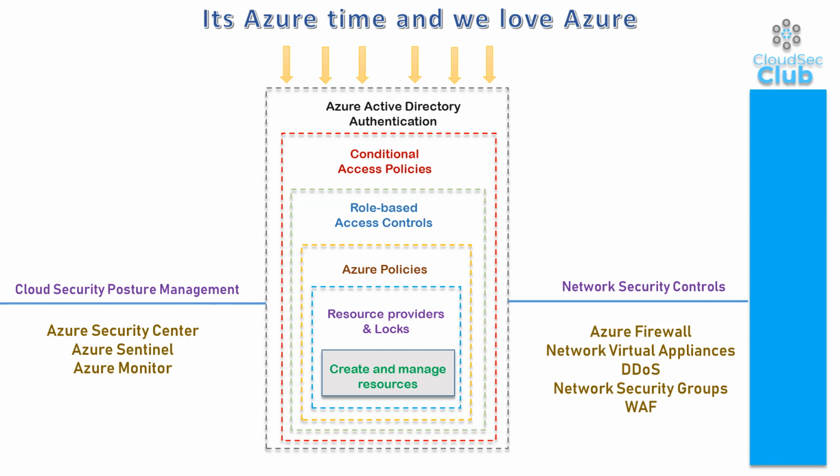Conditional access policies are basically the zero trust solution from Microsoft. Even if the user is authenticated and has an authorization level, he will not be able to access the resource if he does not meet the conditions in the policy.